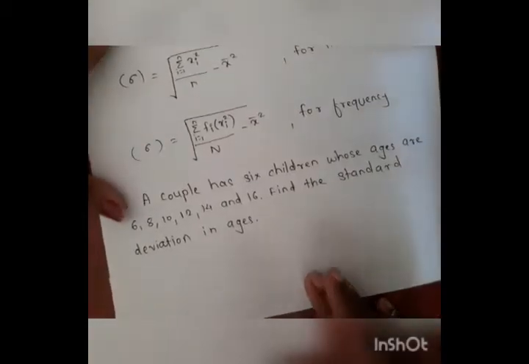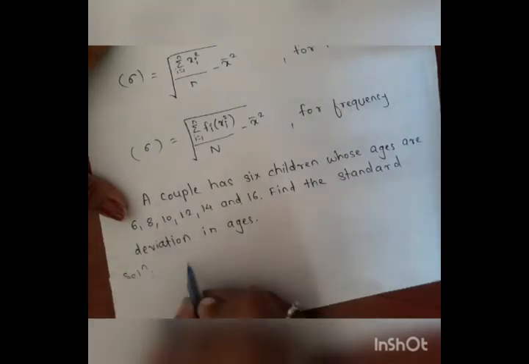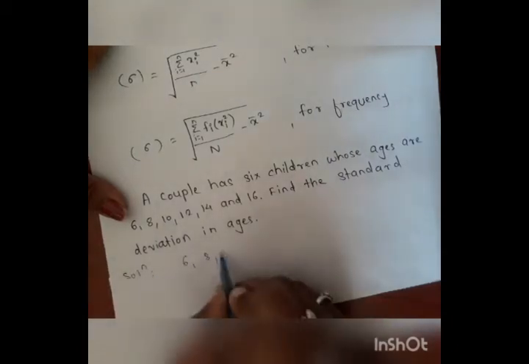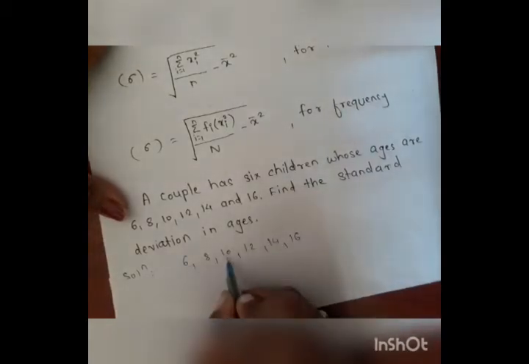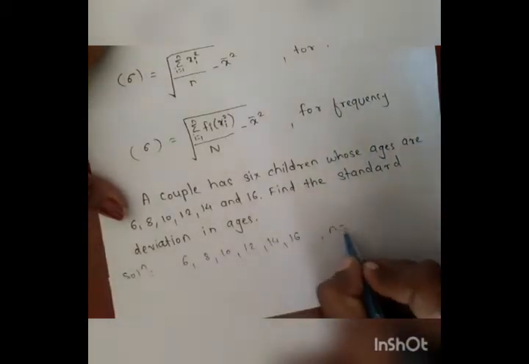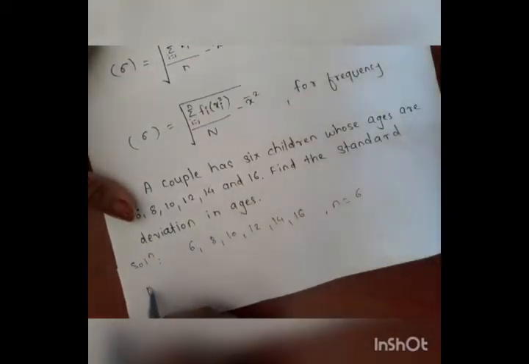We are given this data. So solution: 6, 8, 10, 12, 14, 16, that is 1, 2, 3, 4, 5, 6, so n is equal to 6. And also we have to calculate the mean.